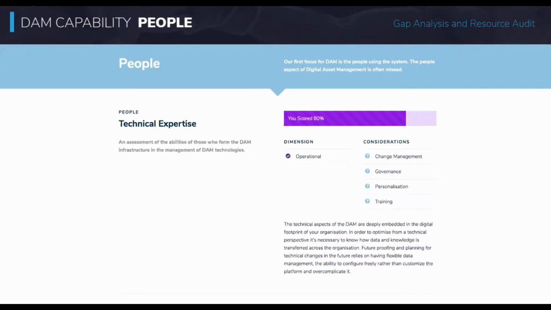You need to think about future-proofing the business, what DAM is going to look like in 5 years, how you are going to utilize technical expertise to support this change. And finally, this is a big one. We advise you that you should configure rather than customize. We've seen a trend in recent years that highly customized systems with legacy coding struggle to adapt to technical change and innovation in the industry.